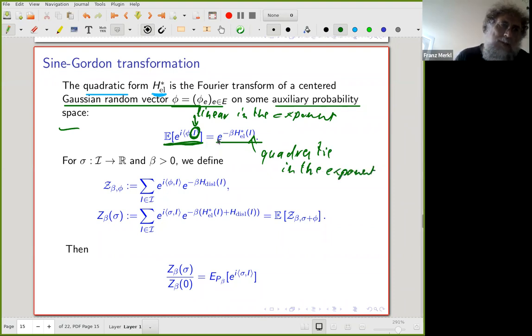So somehow by using this extra expectation with respect to an auxiliary field, we can pass from a quadratic form to a linear form.